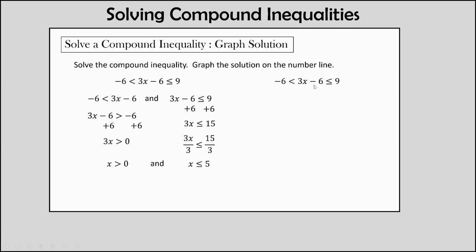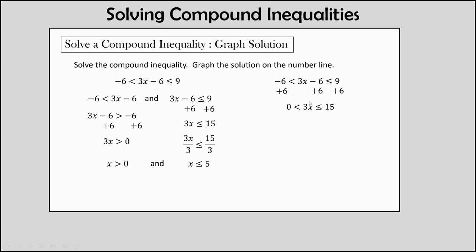What I'm working to do is get the x here by itself, make it a 1x. So the first thing I want to do is add 6 to make this a 0. If I add 6 to the center, I have to add 6 to the left and to the right. That would give me 0 is less than 3x, less than or equal to 15.